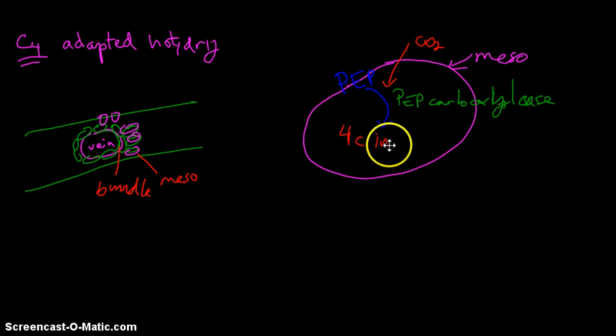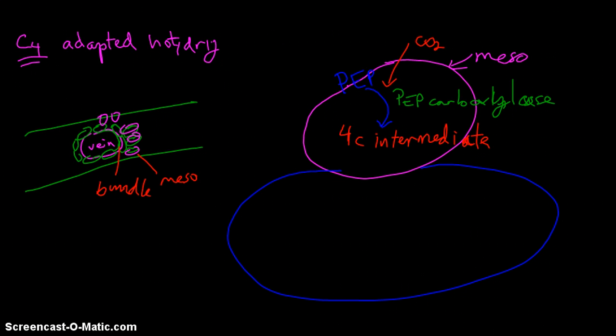So you have a 4-carbon intermediate. Now, remember the mesophyll cell is adjoining a bundle sheath cell.